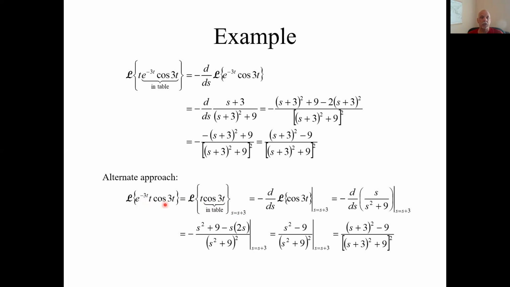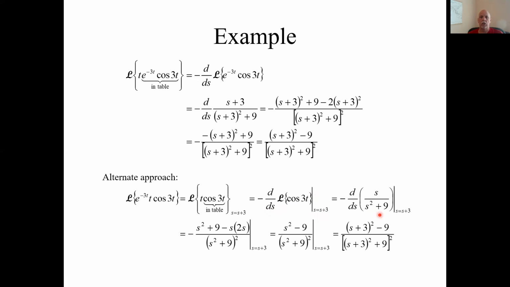In this case, what's left over is t cosine 3t. Well, cosine would be in any table. So we're multiplying that by t, so now we're left with the same property again. It's minus the derivative with respect to s of just a cosine. And then when we're all done, we'll evaluate it at s plus 3 instead of s.